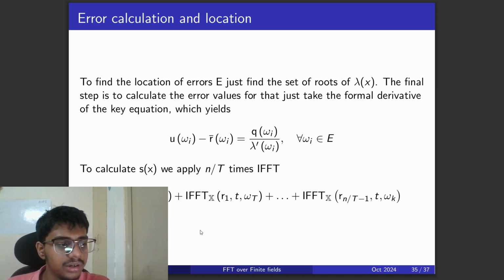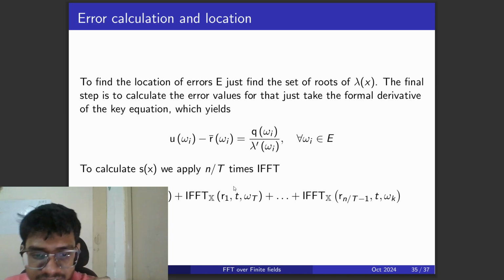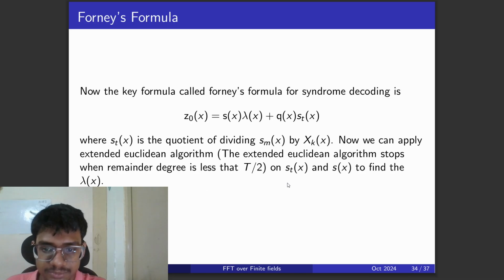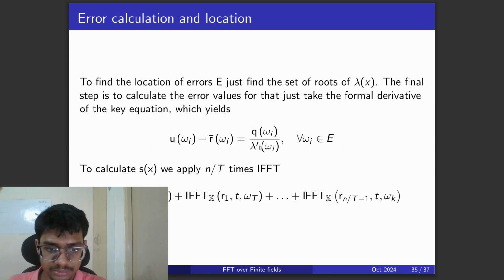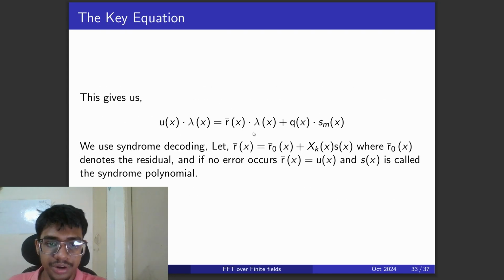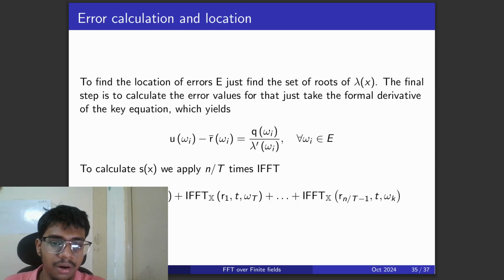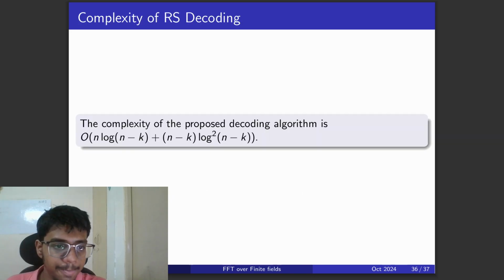Also, to find our syndrome polynomial, we will just use the assumed R of x here. We will run an inverse Fourier transform over R of x for different values of omega. So we will get our syndrome polynomial.